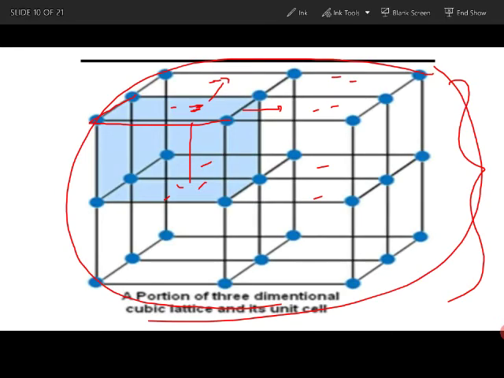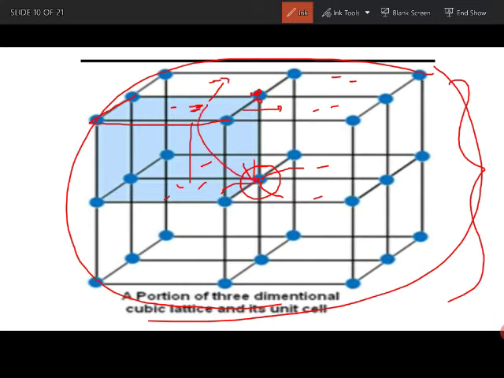Now come here, let me consider this atom. You tell me how many unit cells it is touching. It is touching this unit cell, this unit cell, this unit cell, this unit cell. 4 below, 4 above also, no?